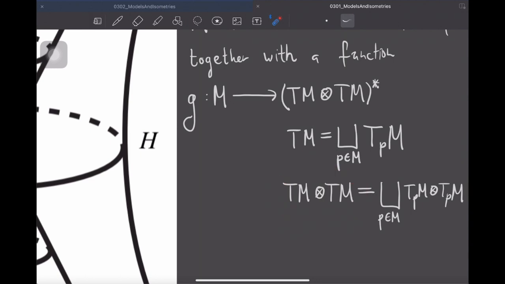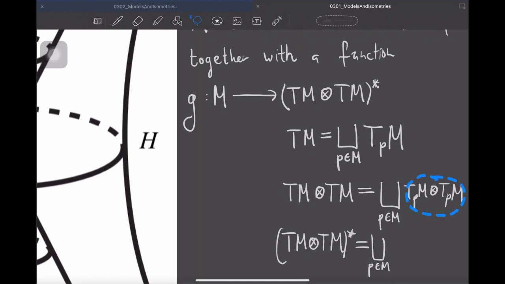Okay, and then finally, this one is the vector bundle on M defined as the dual of this one. As a set, it is the disjoint union over the points in M of the space of real linear maps from this tensor product onto the real numbers.